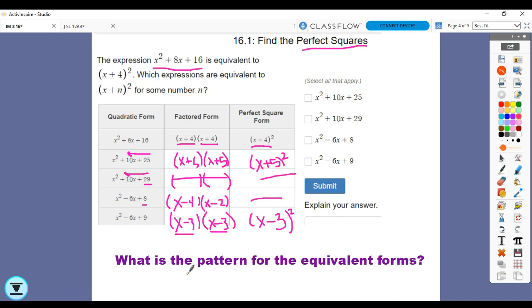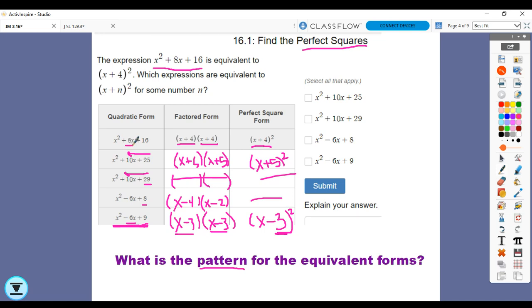Now, this question down below, what's the pattern that you see in the original quadratic that you would know always works to be a perfect square? So what's true about this number and the linear term, this middle one here? 3 is half of 6, and 3 squared is 9.